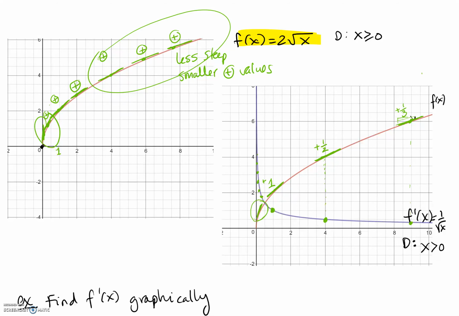Notice it becomes undefined there. So it's possible that the domain of the derivative will actually be quote-unquote smaller and contained in the domain of the actual function. The reason that 0 is not included there is because the derivative becomes undefined there.